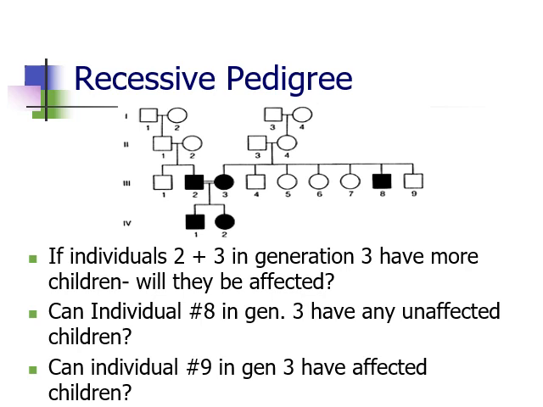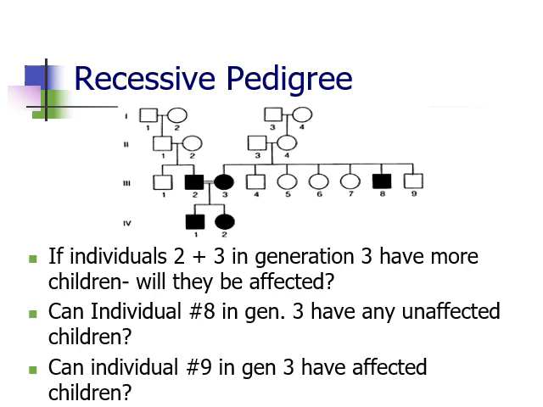And then lastly, is it possible for individual number 9 in generation 3 to have affected children? This is a tough question to answer because in these pedigrees, we don't have ones that are half shaded in. If you saw one that was half shaded in, let's see if I can show that to you here.